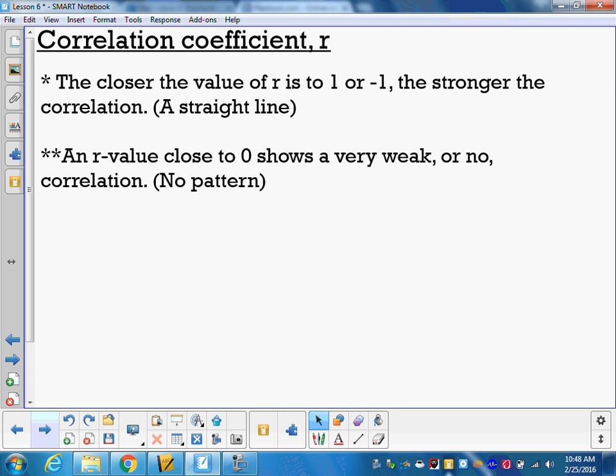If it's exactly -1, we have a perfectly straight line going down. If it's exactly +1, we have a perfectly straight line going up.